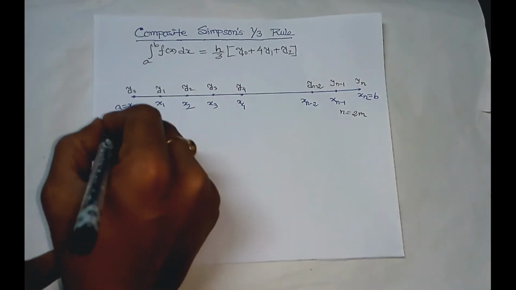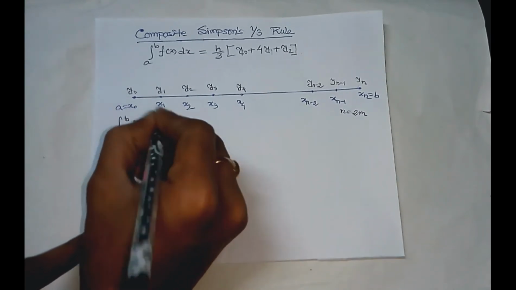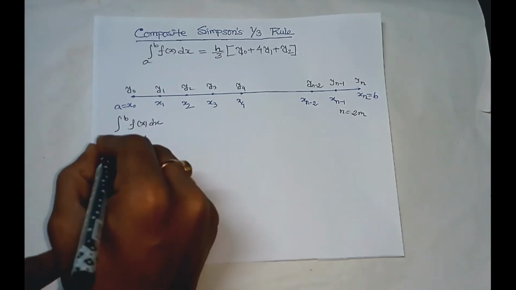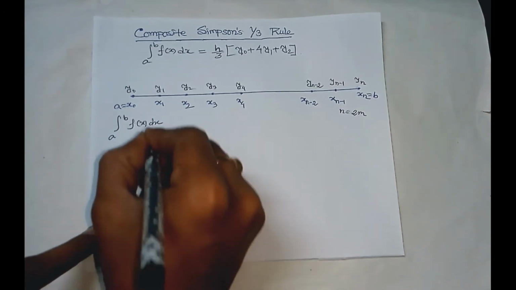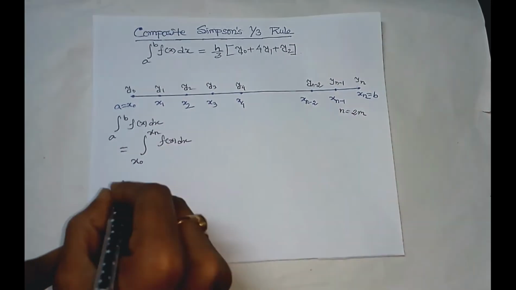So here we write integration a to b f(x) dx. This is equal to, now we can write a to b as x0 to xn f(x) dx.